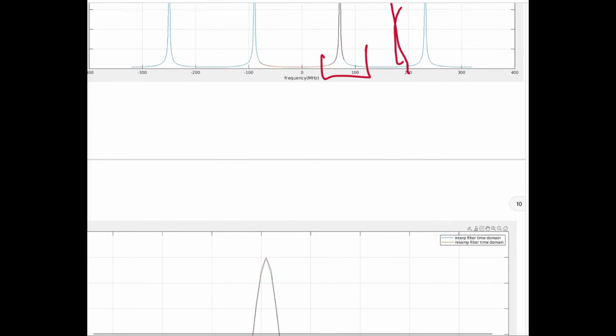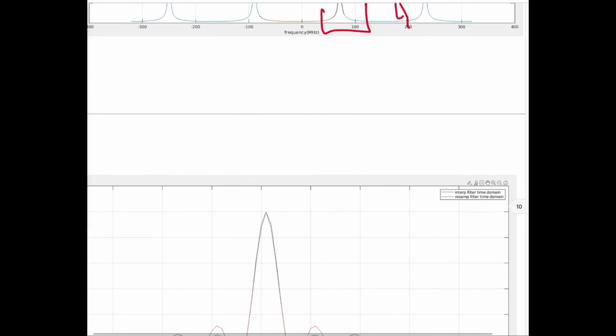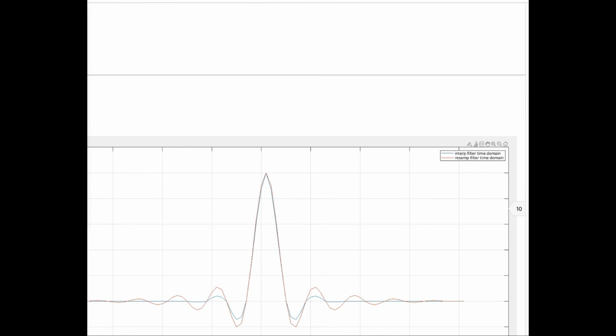So what can we do? For this specific experiment, I have used another function in MATLAB, which is resample. We can give a fractional resampling also from this function.